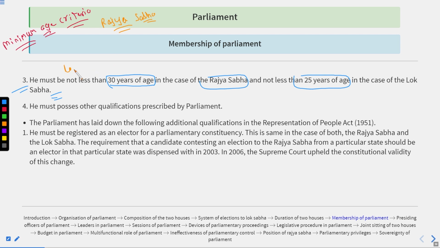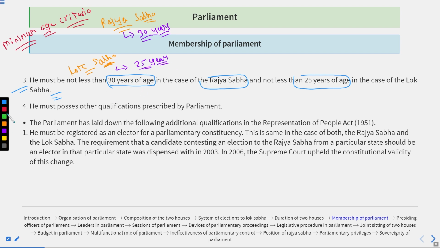For Rajya Sabha, the person must be at least 30 years of age.